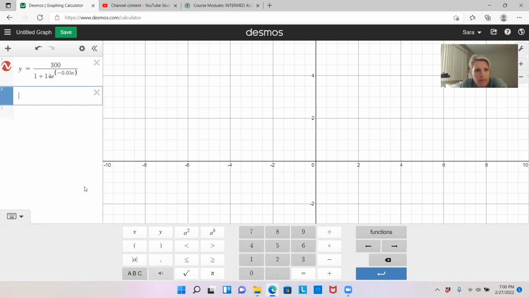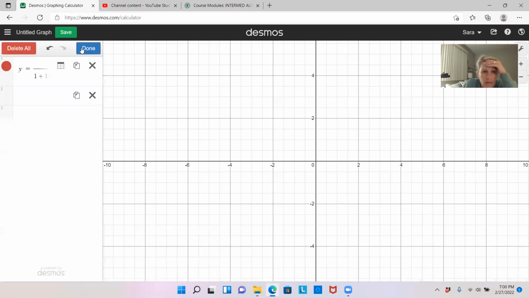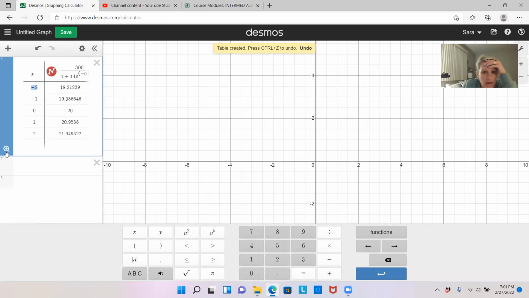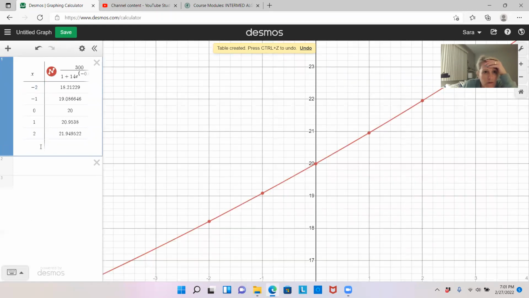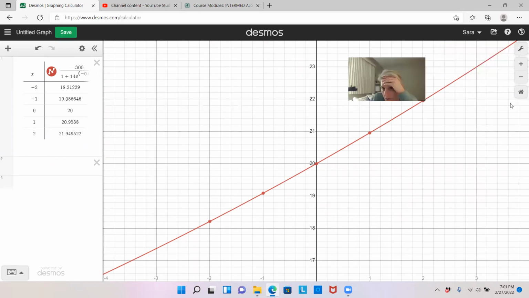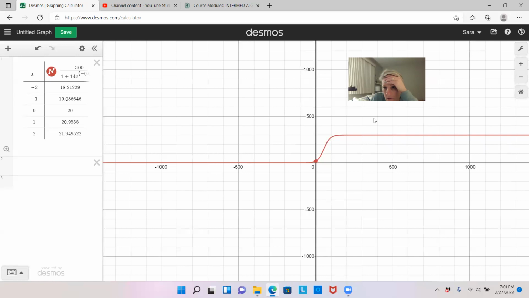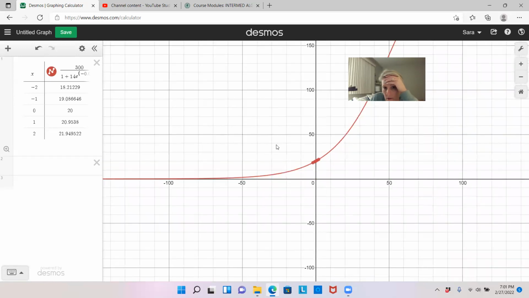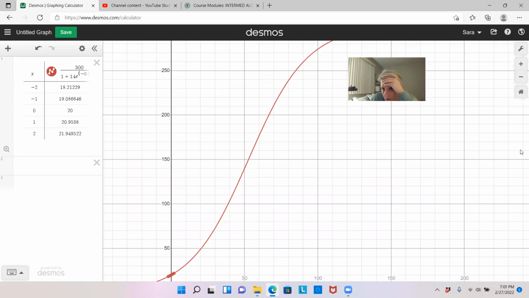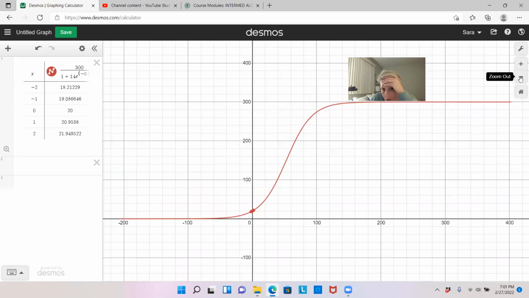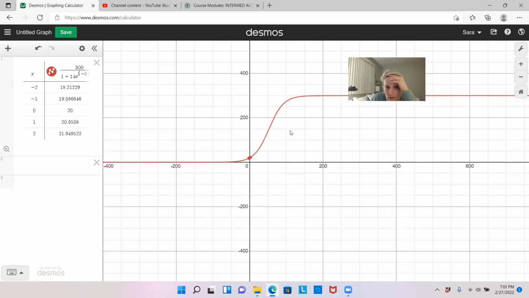Okay. And then I'm going to make a table so that I can adjust my graph. That's not what I want it to look like. This is what I really want to look at. Let's zoom out a little bit more for you.